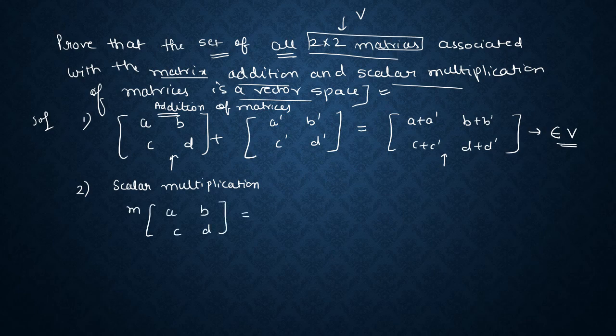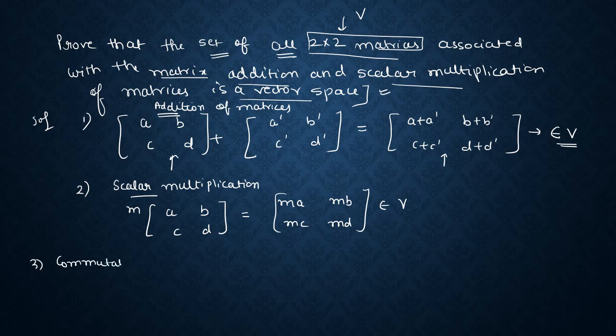Let's see whether we get a 2 by 2 matrix or not. So it will be MA, MB, MC and MD. Again, this is also a 2 by 2 matrix which belongs to V. So yes, it is showing the closure property for scalars. So the first condition is satisfied. Next is to show all those properties like commutativity.